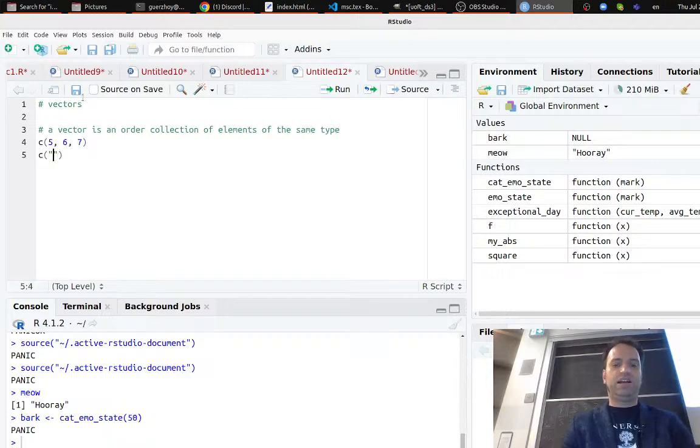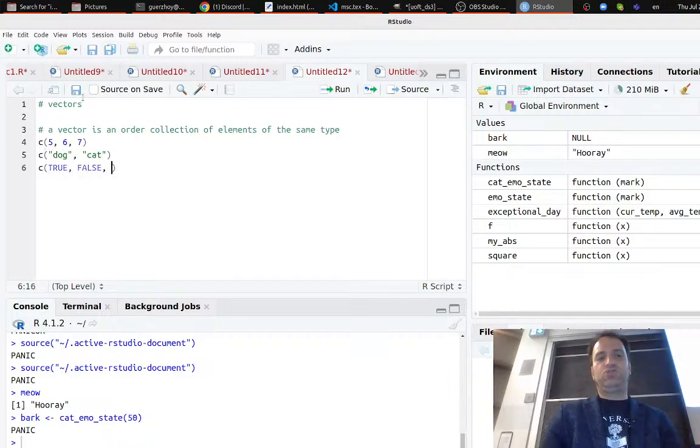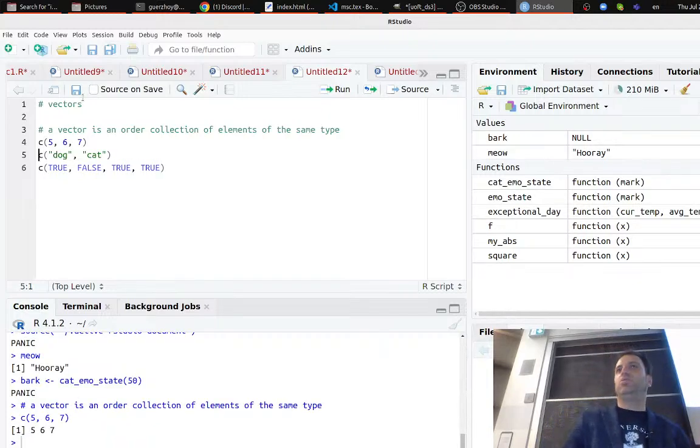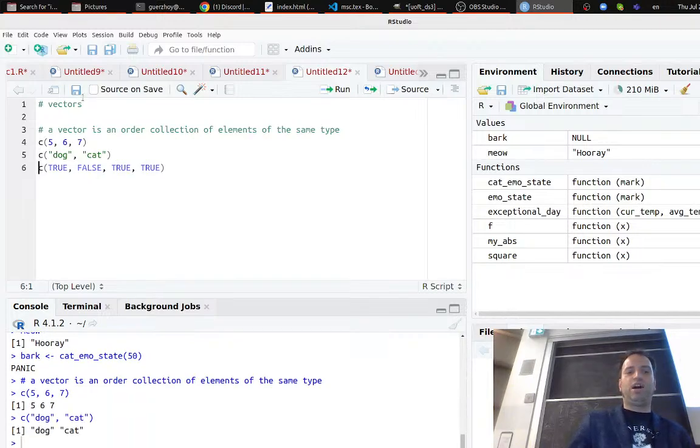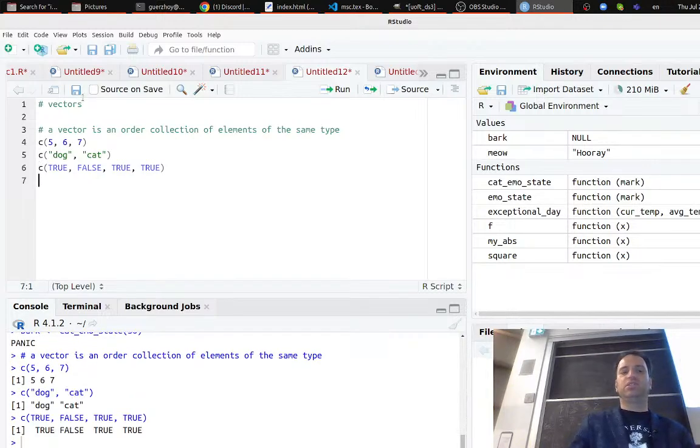You can have like dog, cat. So they do have to be of the same type. It can be true, false, true, true, something like that. So this will have this value, this will have this value. So dog, cat. This will be true, false, true, false. So just a bunch of elements.